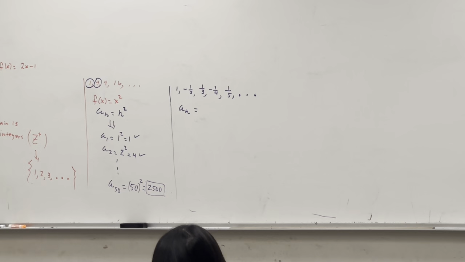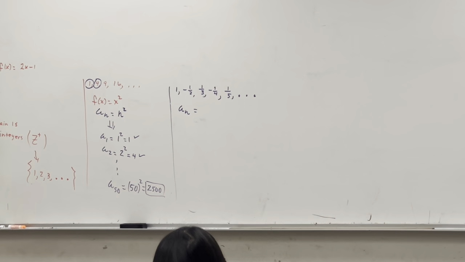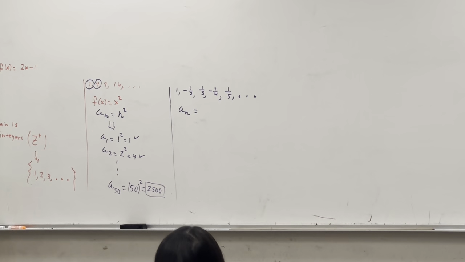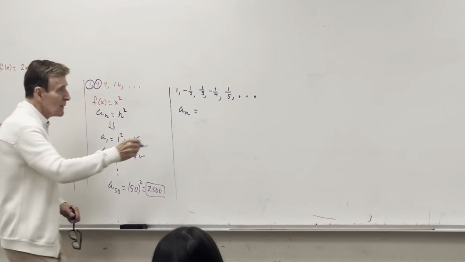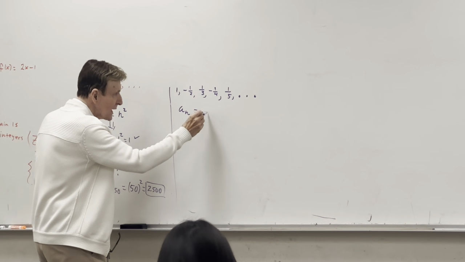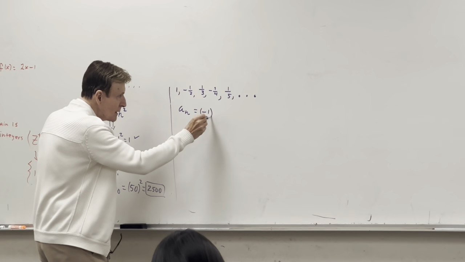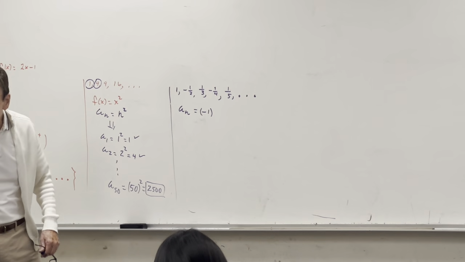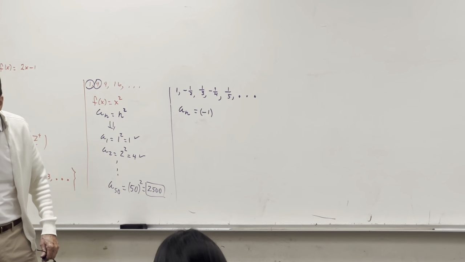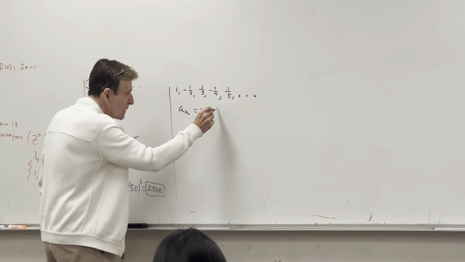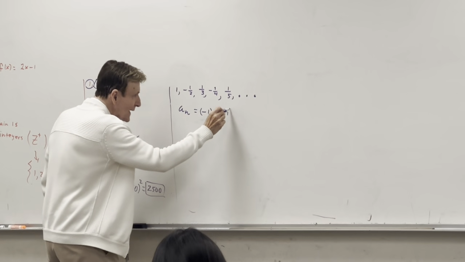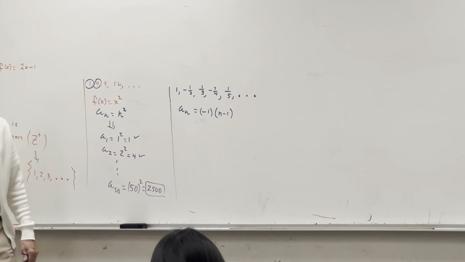I think it's n minus one. Something about an n minus 1, where though? N minus one in the beginning and times n minus one out here, like the previous number.